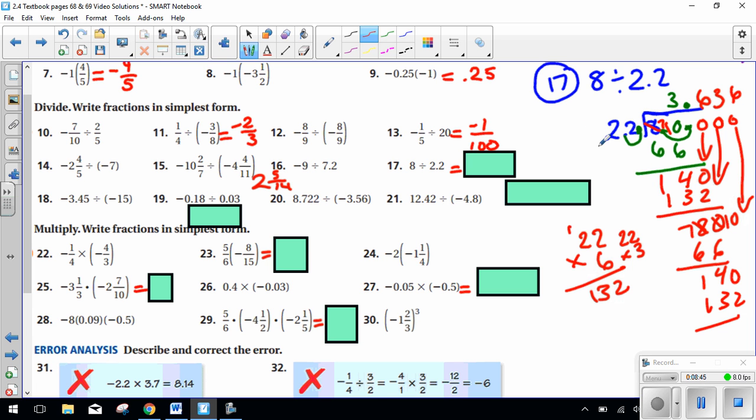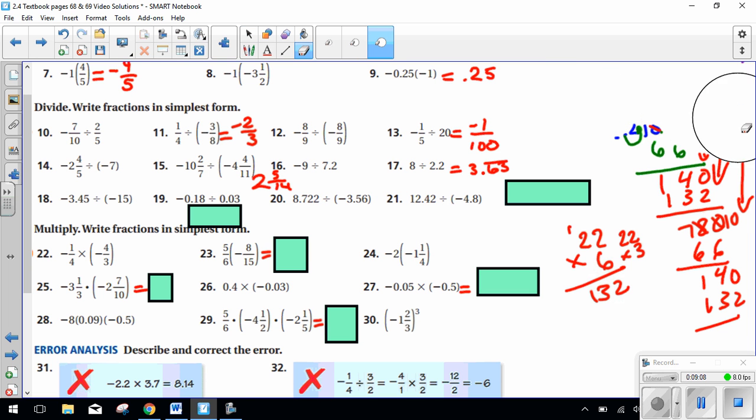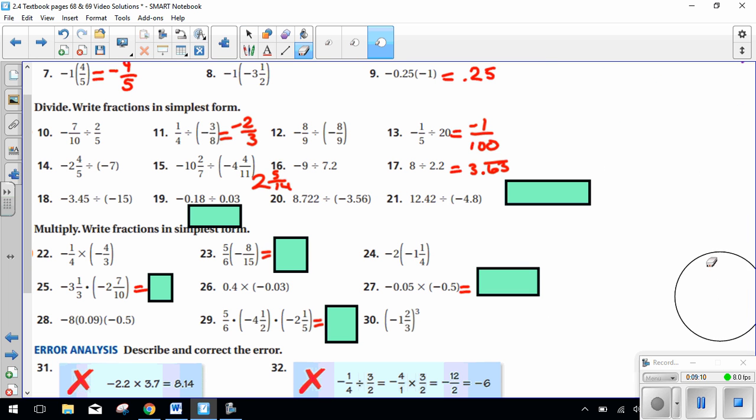So my final solution is 3 and 63/100 repeating. So it should look like this. All right, that bar means that the 6 and the 3 repeat. 6, 3, 6, 3, 6, 3. Okay, let's move on to number 19.